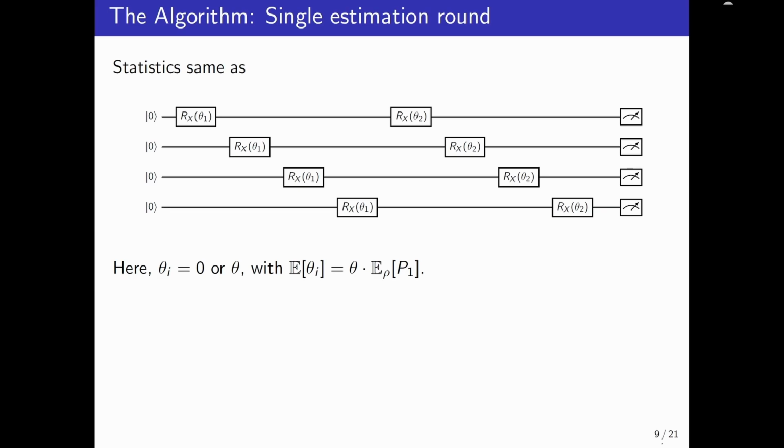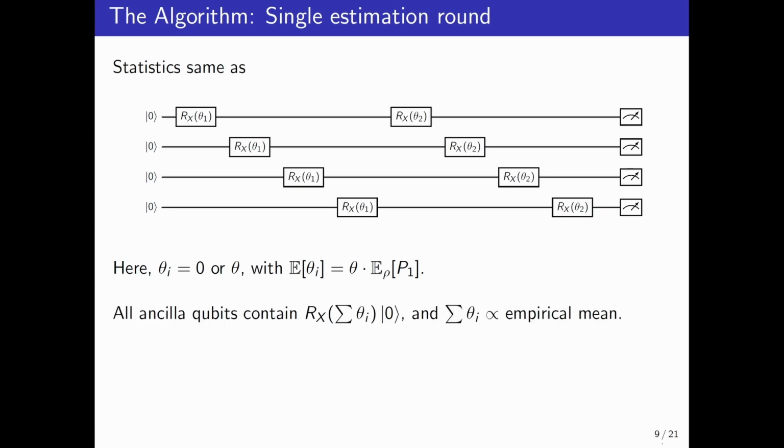Now, if you look at the circuit carefully, you'll see that all ancilla qubits contain the same pure state, which is Rx(sum theta_i) applied to |0>. Here, by definition of theta_i, we know that the sum is directly proportional to the empirical mean for the P measurement on rho. Since the empirical mean is a good estimator, it suffices to estimate the sum of theta_i as well.